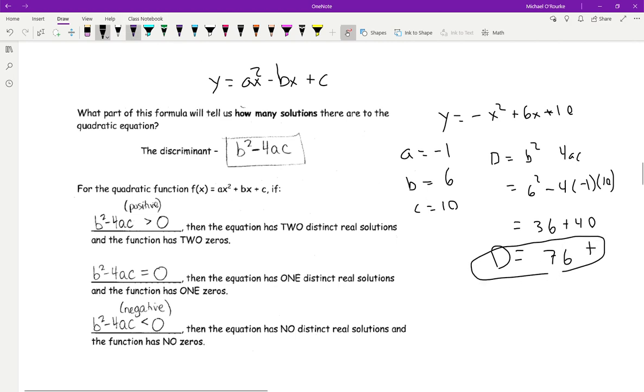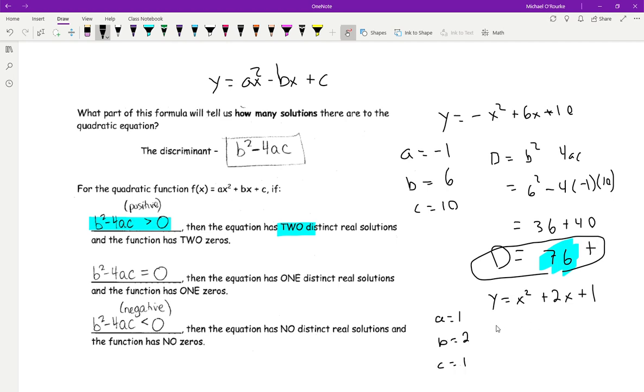And if you look here, if you get a positive number, that means it has 2 zeros. Okay? So we know this has 2 solutions. It's going to cross the x-axis twice. Okay? If we did this with y equals x squared plus 2x plus 1, right? So A equals 1, B equals 2, and C equals 1.